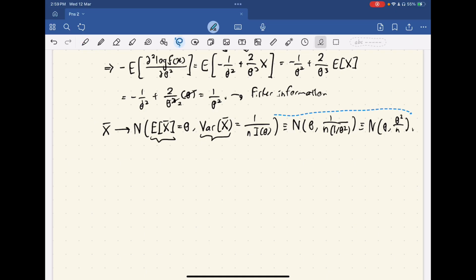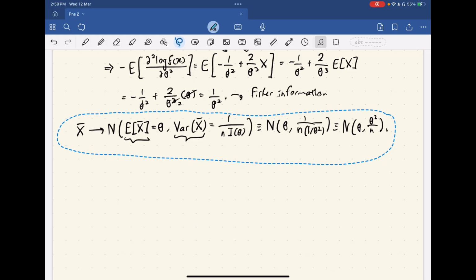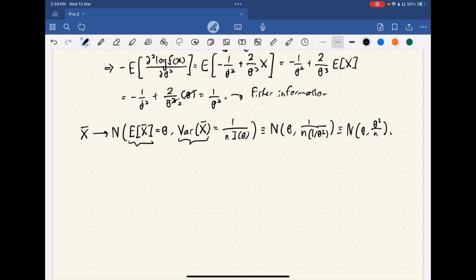Now that is the asymptotic distribution of x bar. So x bar converges to normal with mean theta and variance theta squared over n.